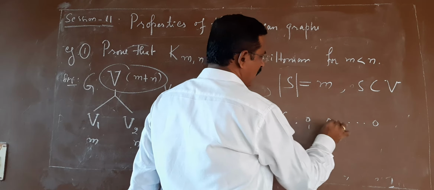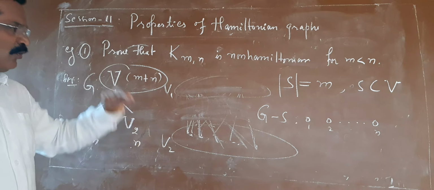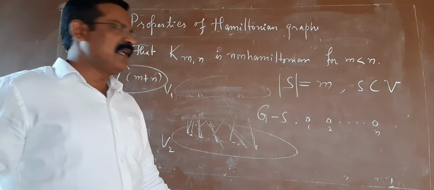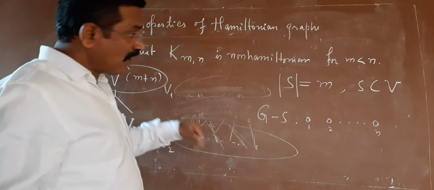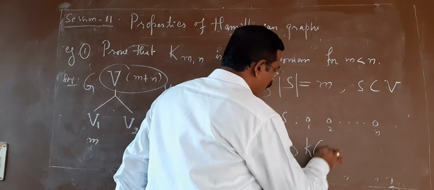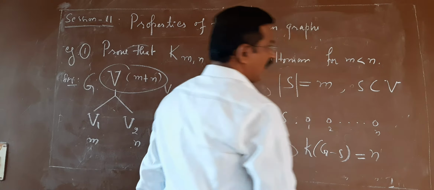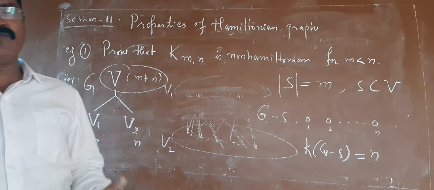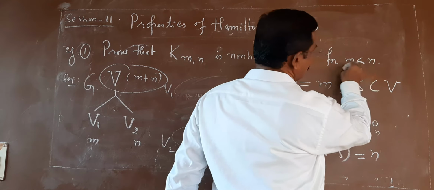There are n vertices, 1, 2, 3, like that. It implies we got a totally disconnected graph in which there are n vertices. So the number of components in G minus S is equal to n. But n is greater than m, as per the statement.